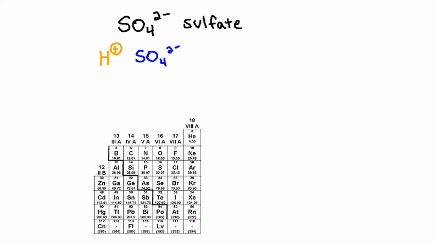Well, that positive hydrogen charge is going to go over and take away one of these negative charges. So you will end up with HSO4 and just one negative charge to it. And that would be called hydrogen sulfate.